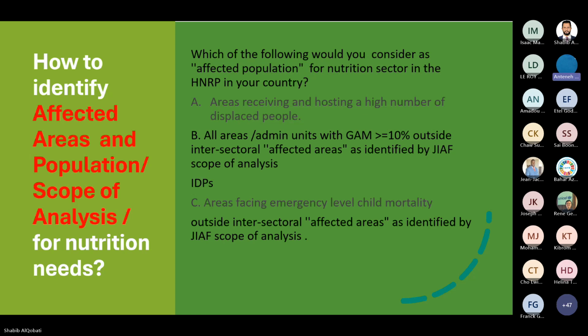Please write your answer in the chat box. Multiple answers are possible, but please write in the chat box which one of these, if it were in your country, and if you are having areas outside the scope of analysis, meaning scope of analysis is about the areas affected directly by shocks, the shocks that I just mentioned earlier, and experiencing this situation: one, having high IDPs; two, high GAM; three, high mortality.